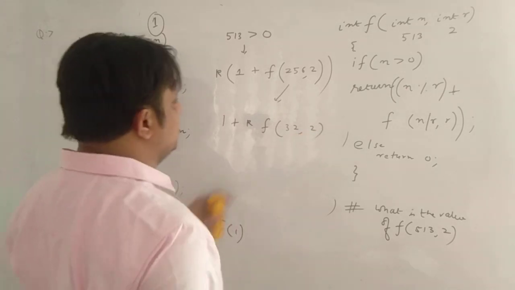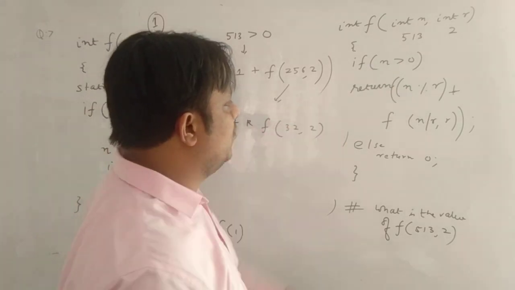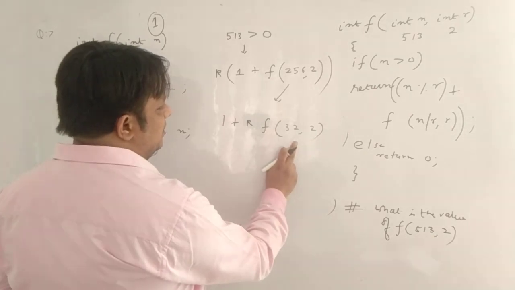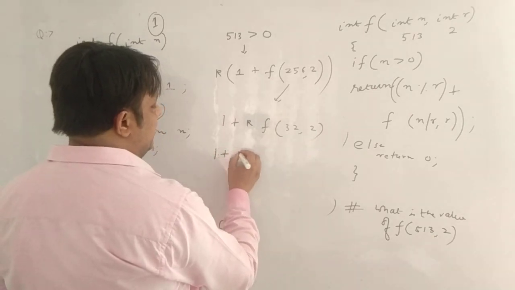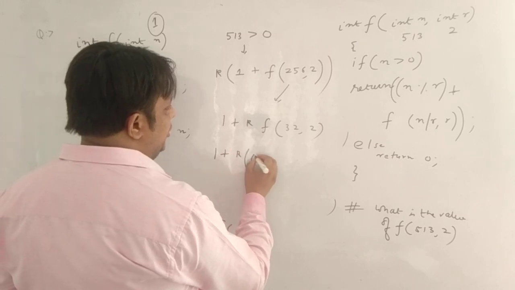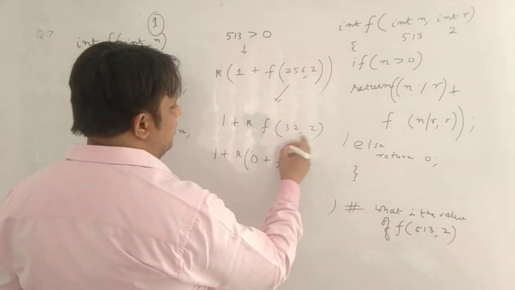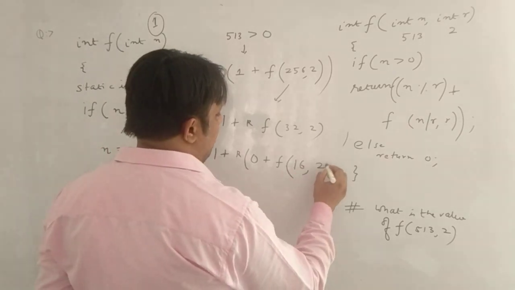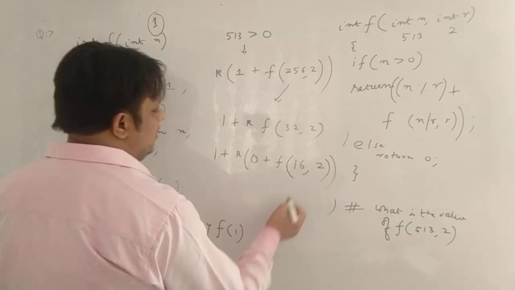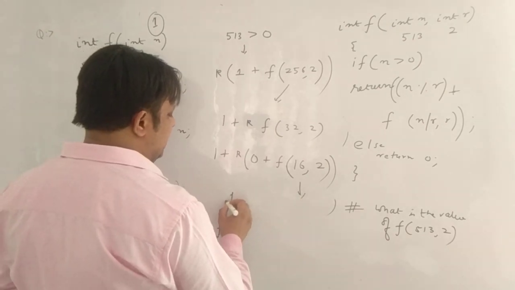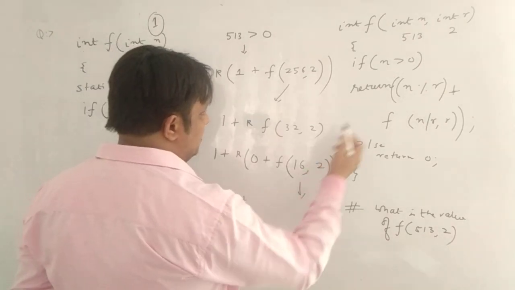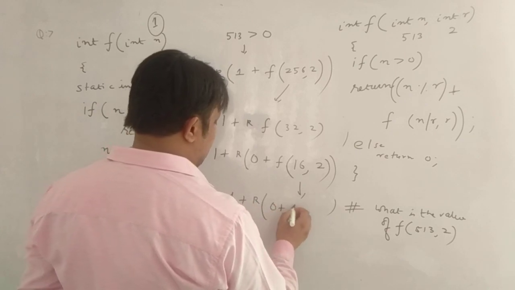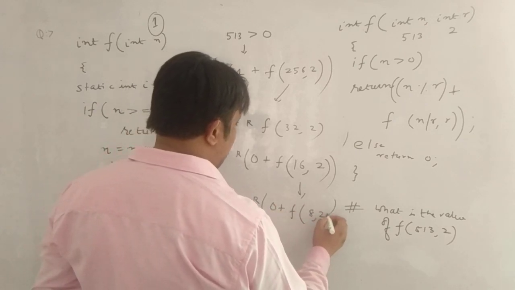Now you call this function 32 comma 2, this condition is true. 32 modulus 2 is 0, right? So it is 1 plus return 0 plus function of 32 by 2, which is 16, 16 comma 2. Now when you call this function again, 16 modulus 2 is again 0, so return 0 plus function 8 comma 2.